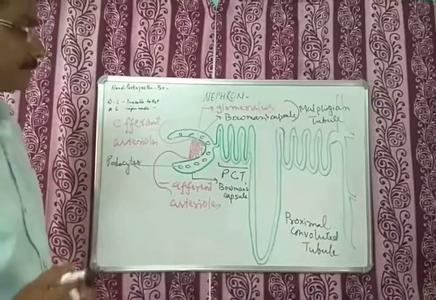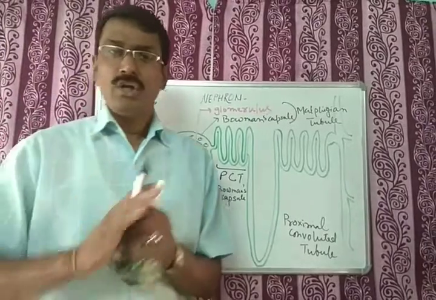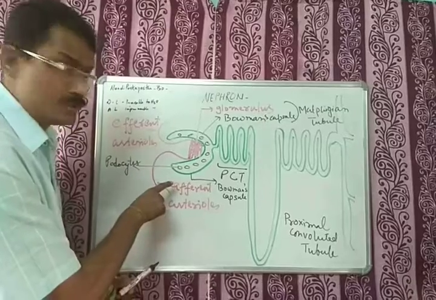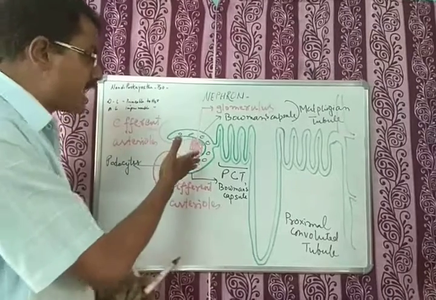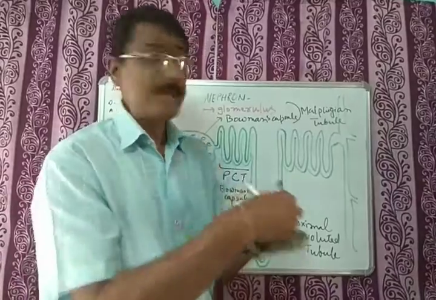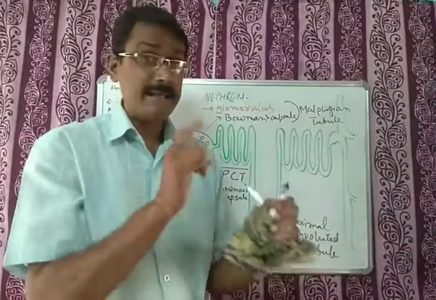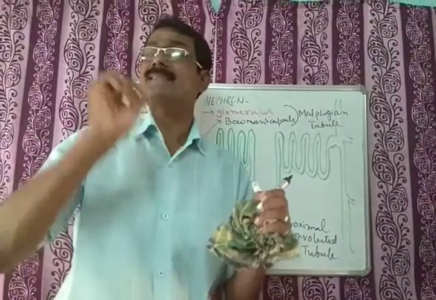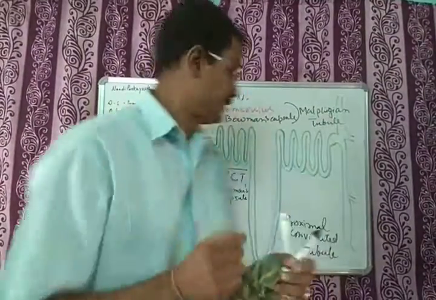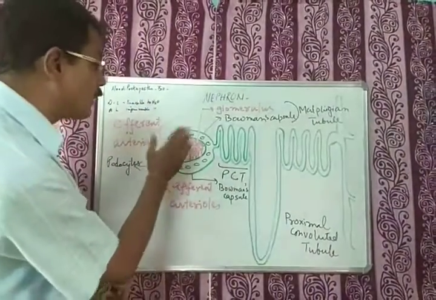Podocytes. Now see, students, blood will be coming through the afferent arterioles, and filtration takes place in the glomerulus. But blood is not going to come out along with the urine. If blood or blood cells come out, the person is suffering from some abnormality.